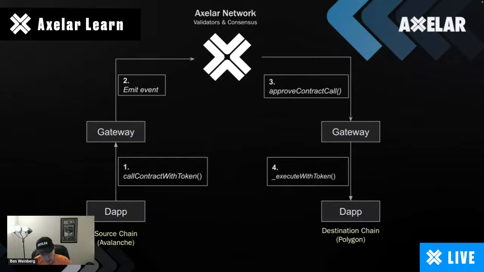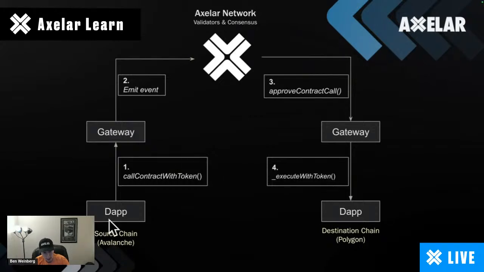Now, every GMP message that we want to send via Axelar, we're going to have to trigger that interchain transaction via something called the gateway. The gateway is a contract which Axelar has deployed on basically every different EVM chain which it's connected to. The gateway exposes several different functions. One of those functions is called callContractWithToken, which basically allows you to send a GMP message along with an ERC20 token.